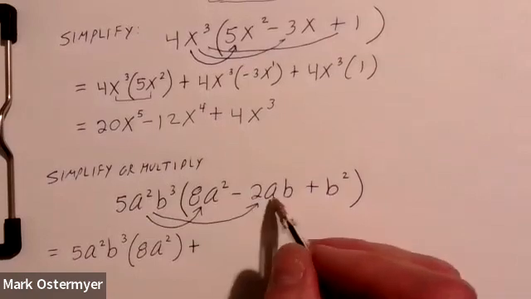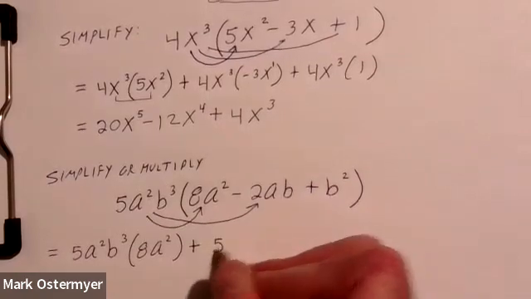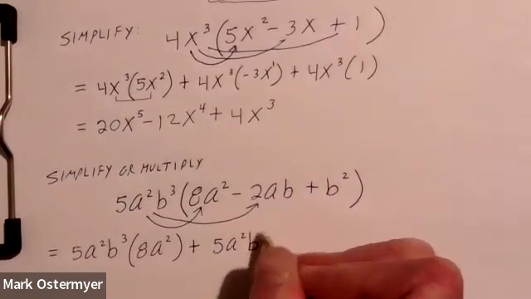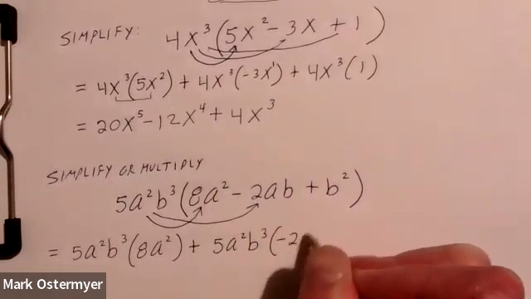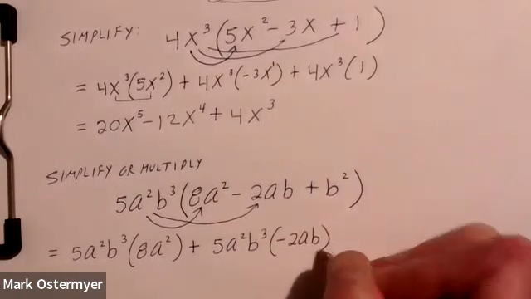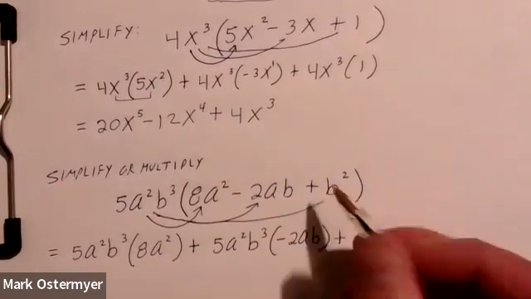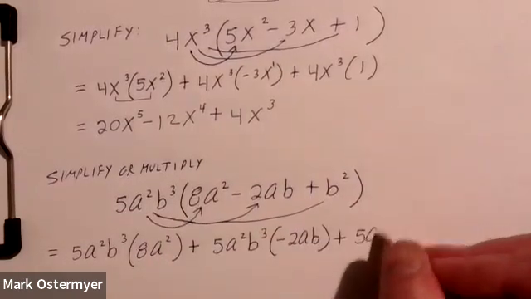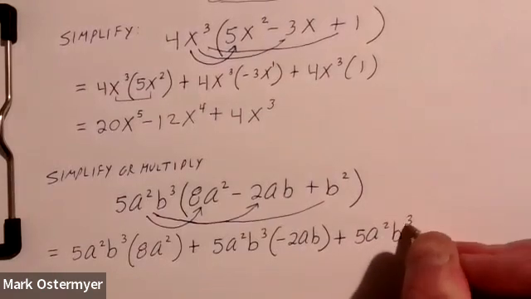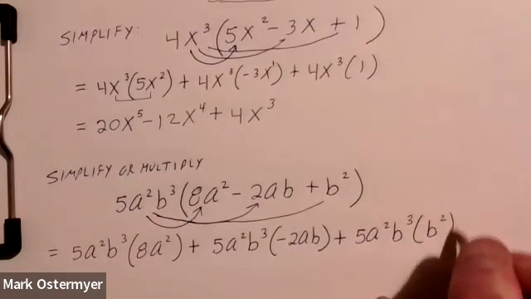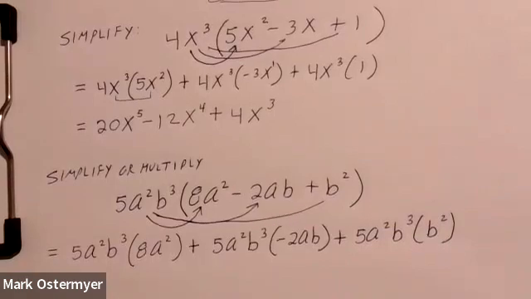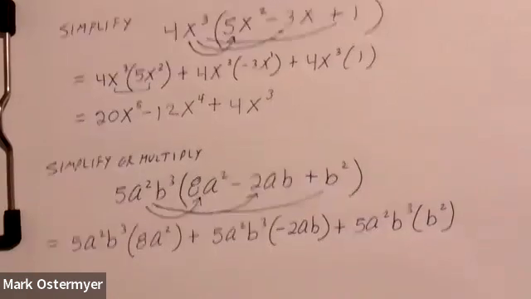I will view this as a negative 2ab for the purposes of this multiplication, so we don't mess the sign up here. Plus, and then the 5a squared b cubed gets multiplied by the b squared way at the end. Okay, this is what we have to do here.